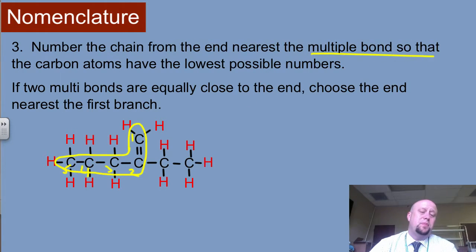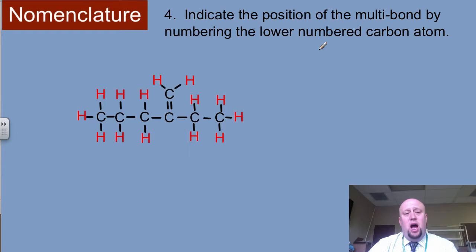Okay, so next thing. If there is a multiple bond and we've done our numbering, going back to what we had last time, let me just throw the numbers up here again: 1, 2, 3, 4, and 5. Sorry, you have no idea how hard it is to write with this tablet. So if we number those according to the scheme that we just gave, then we're going to number the bond when we give its location.